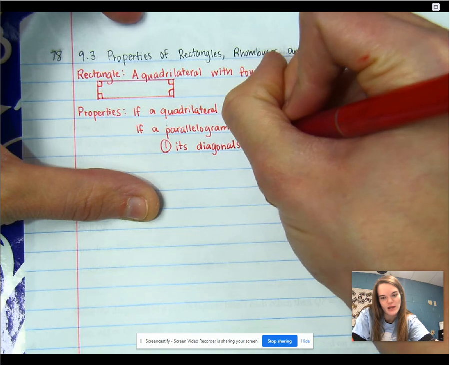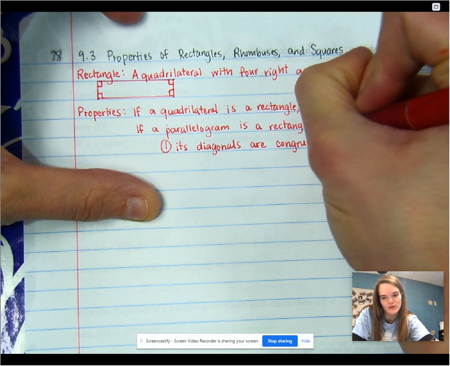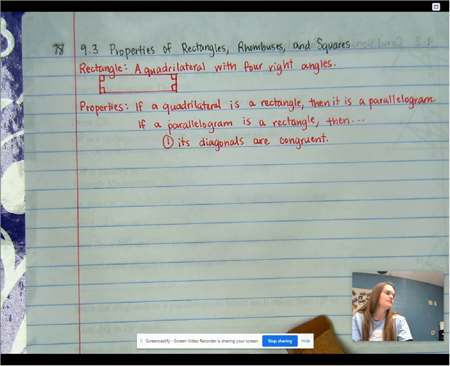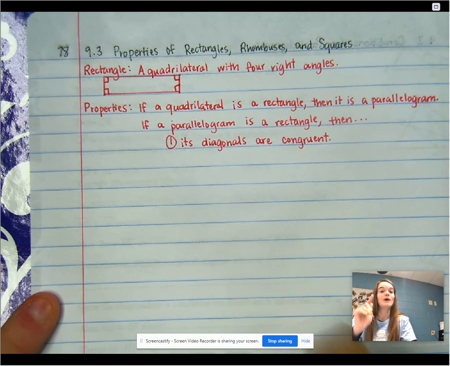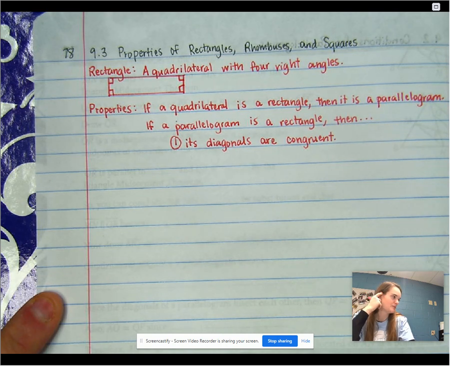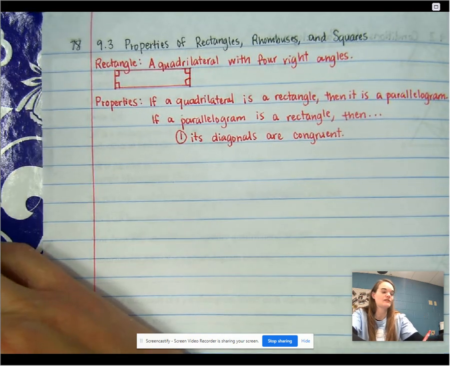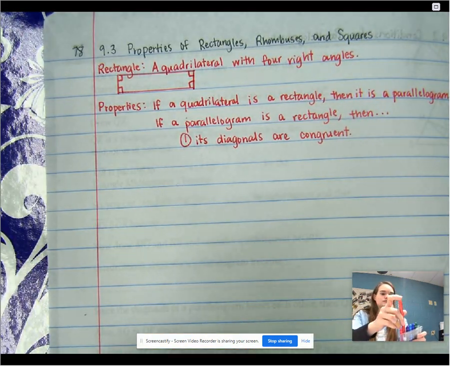That is the only extra piece that goes along with a rectangle. So in a rectangle, we know that the opposite sides are congruent, the opposite angles are congruent, the diagonals bisect each other, but if it's a rectangle, the diagonals are congruent as well. So that's your special piece there of a rectangle.